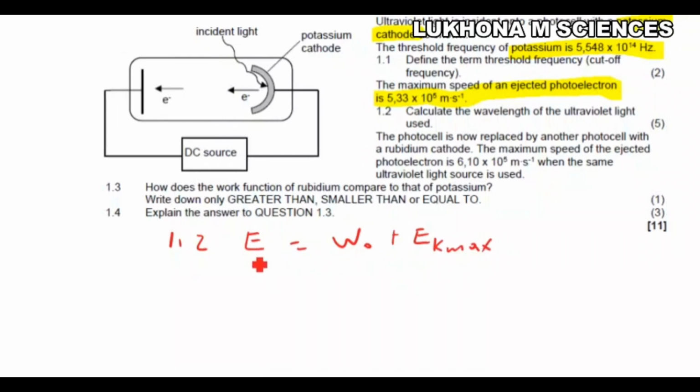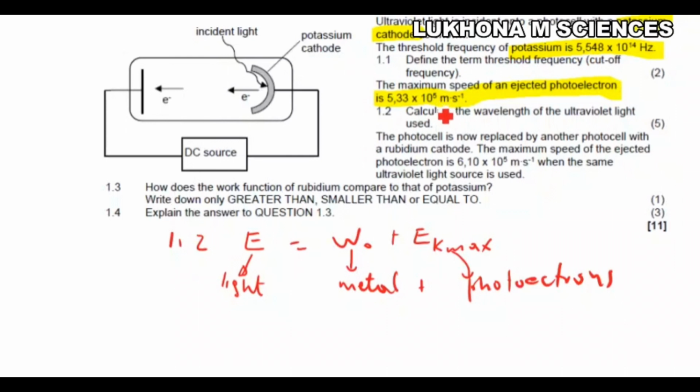You must know that the energy we are referring to is the energy of the light, the work function is the work function of the metal, plus the kinetic energy of the photoelectron, right?